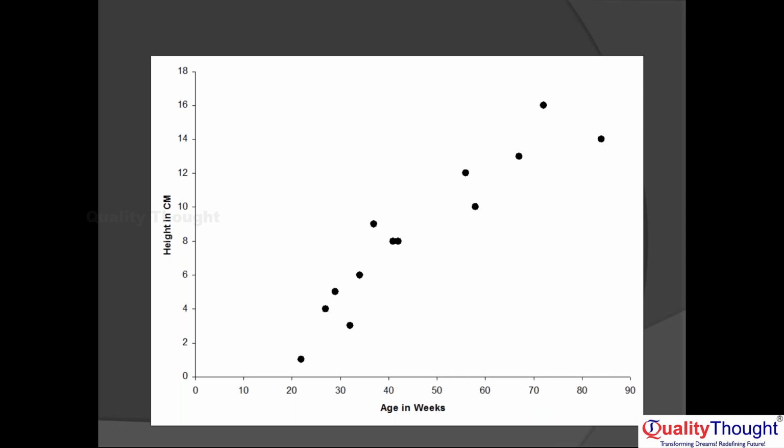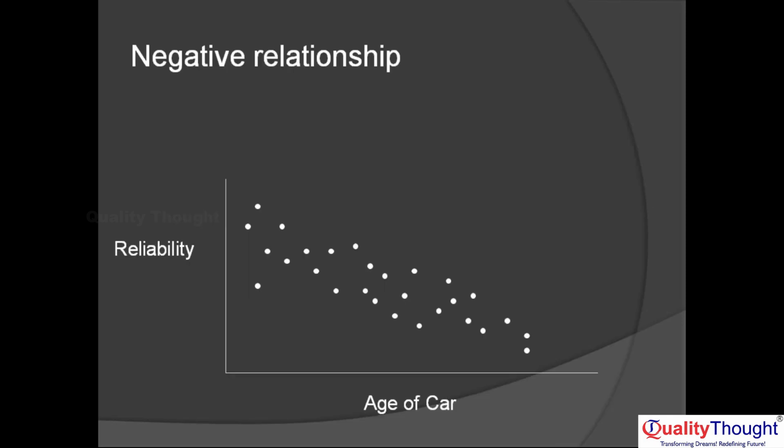Guys, is this positive or negative? It's positive, right? What about this one? Age of the car and reliability. When the age of the car is increasing, obviously the reliability of the car will decrease. Hence, it should be considered a negative relationship.